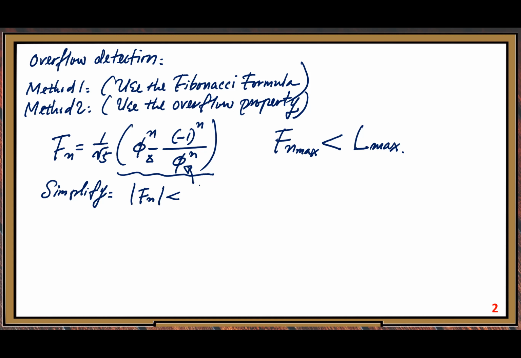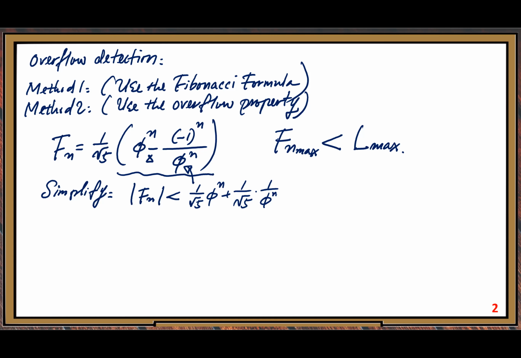Less than 1 over root 5 phi to the n plus 1 over root 5 times 1 over phi to the n. How about that?